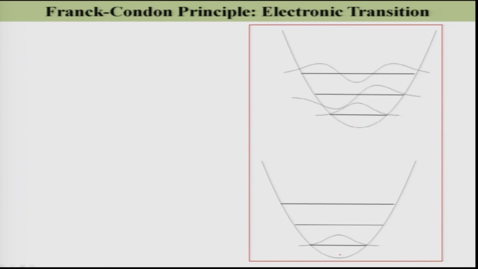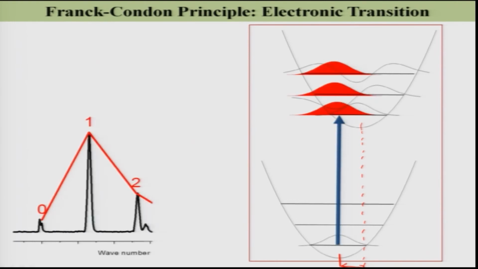Now, the minimum position here and this minimum position here are not the same, right? It is shifted. So, in this case, when I excite the system, this particular excitation will see a different overlap compared to the earlier one that I have shown.